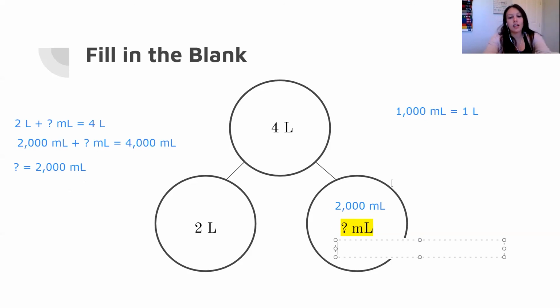So we can also say that our answer is 2 liters. So our true answer is essentially 2,000 milliliters because I asked for the answer to be put in milliliters. I'm just showing you guys another conversion, how 2,000 milliliters is equivalent to 2 liters down here. I want you guys to see that connection right there.